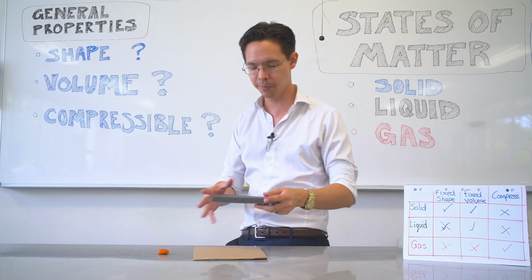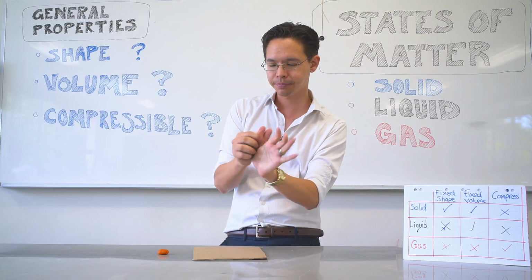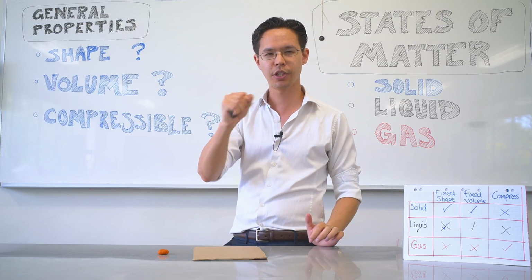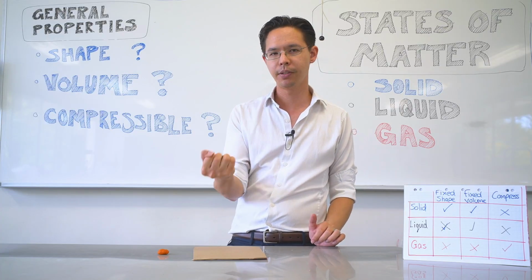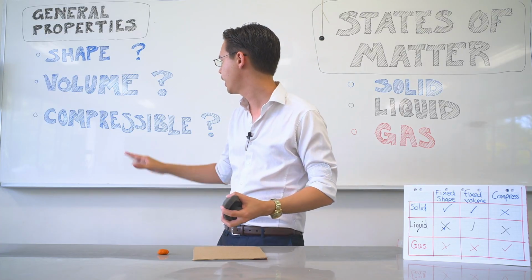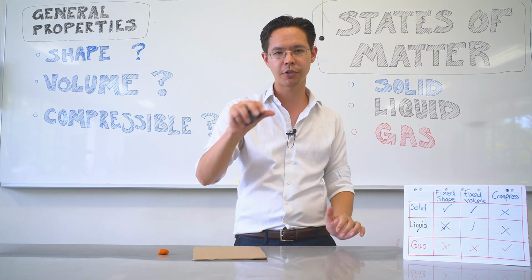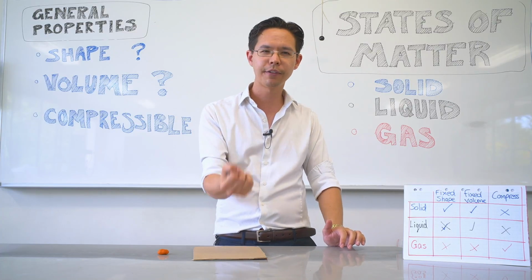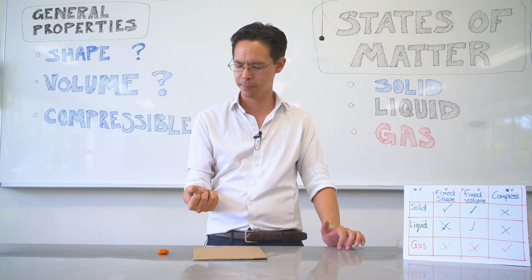Does it have a defined volume though? Well, I could scrunch it up and squeeze it really hard. So does that mean it has the same volume? Don't know. Let's have a bit of a think. Is it compressible? The fact that I can squeeze it into a tighter three-dimensional space sounds like it's compressible, doesn't it? So what's our decision going to be?